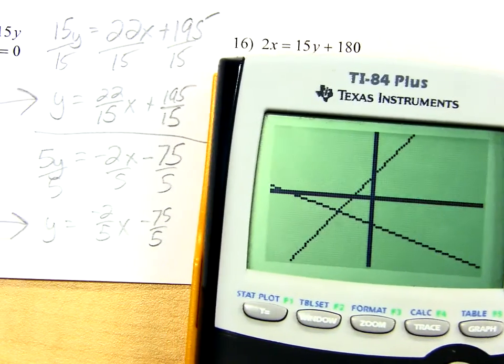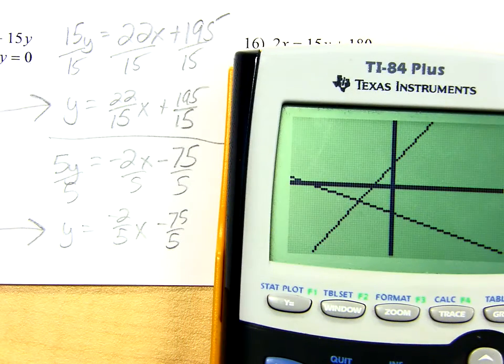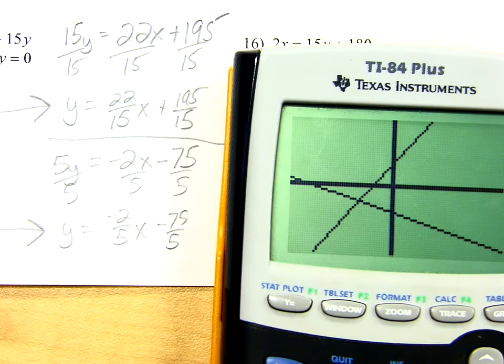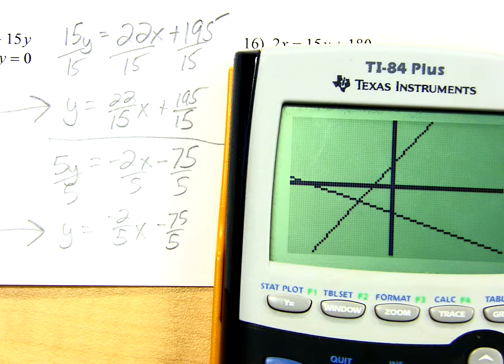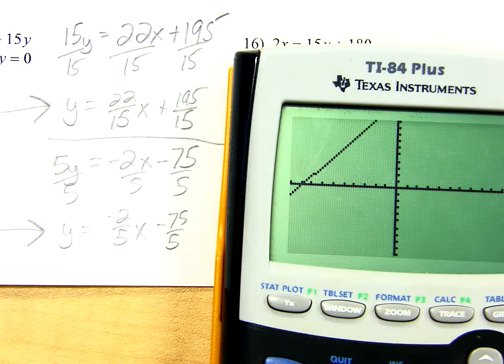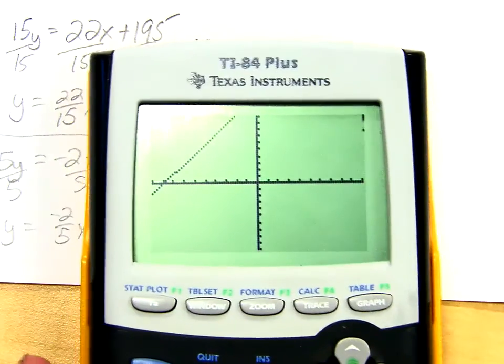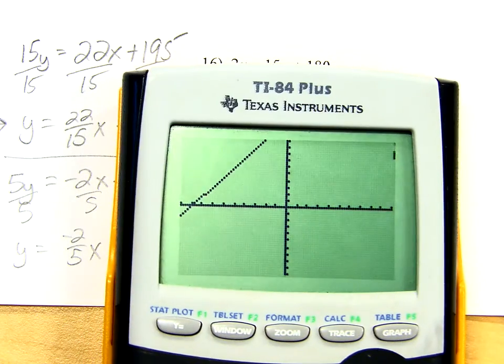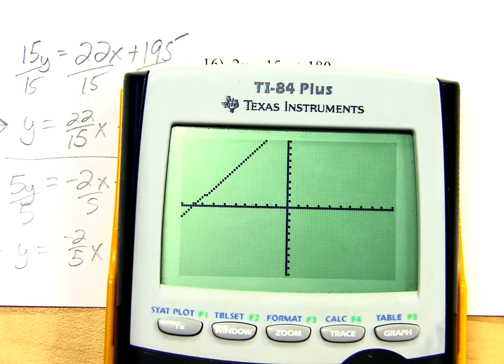You can go ahead and hit graph. Go ahead and find the intersection point if you remember how. Let's say this is the first problem you're doing for the day, and you had graph and this is what you saw.